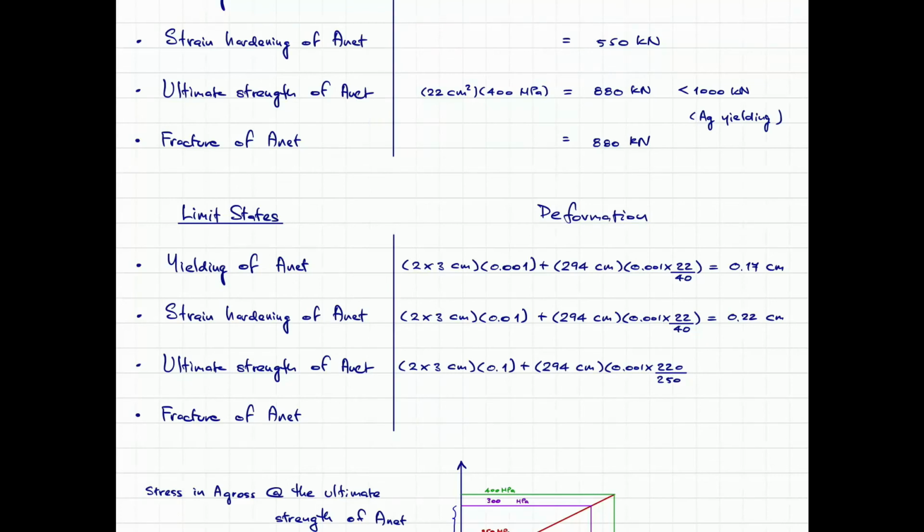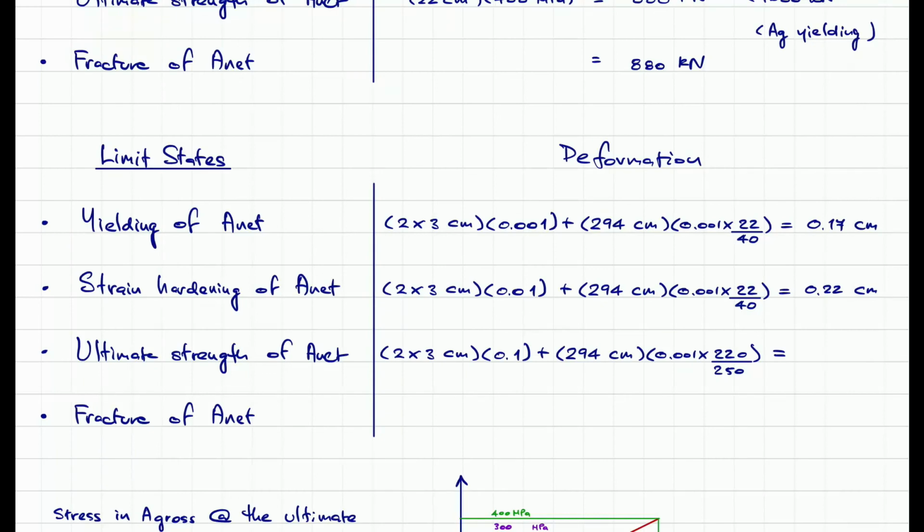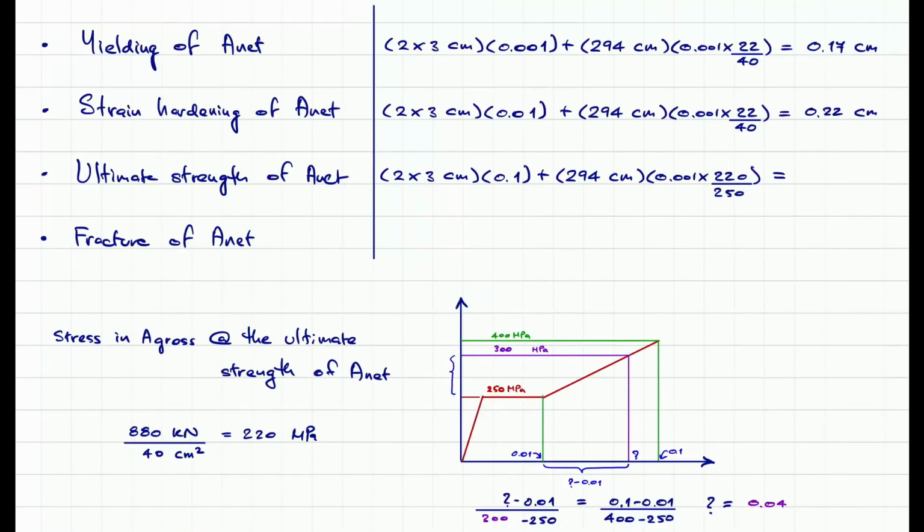Right. 2 times 3, 0.1, 294, and then this ratio and the stress ratio is 220 MPa. So basically this guy here is, we don't need this interpolation because it is not above the yielding.